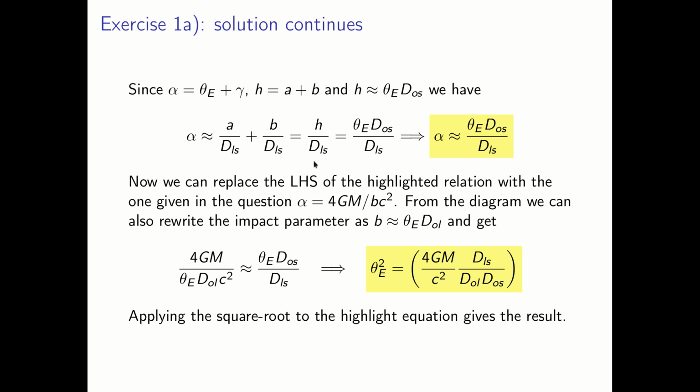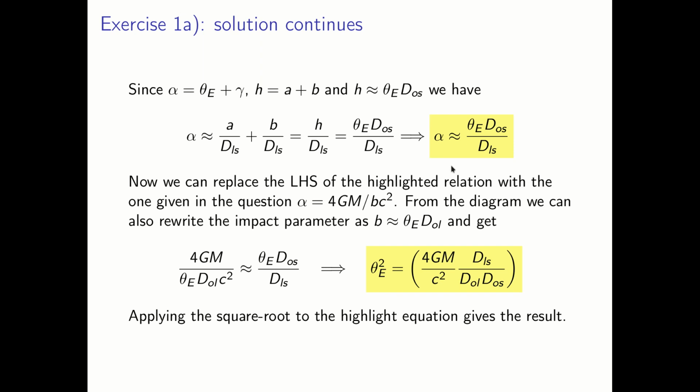And then, using the relation we saw in the previous slide, we can say that H is approximately theta E times DOS. So we plug in this one, and we get that theta E DOS over DLS is approximately alpha. And this is the first relation we are going to use.